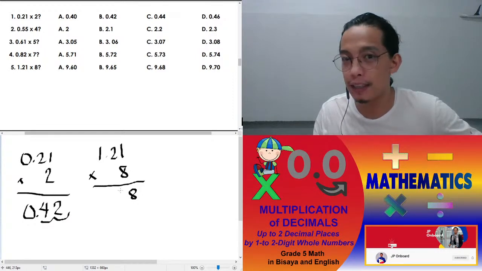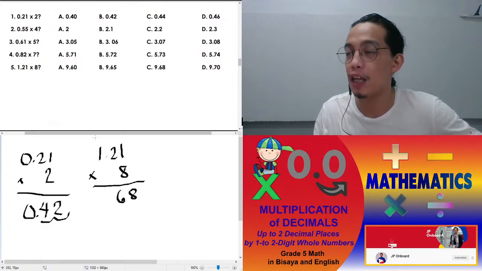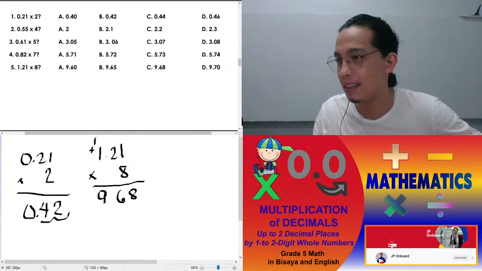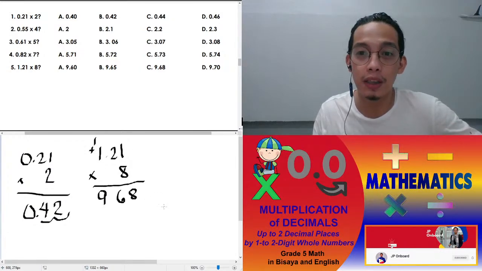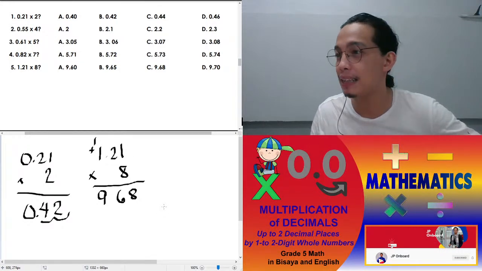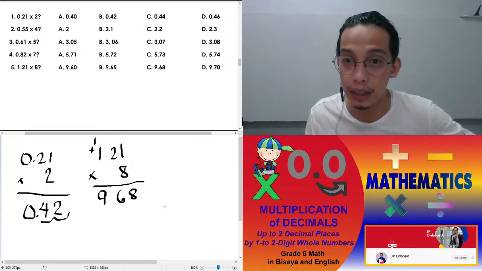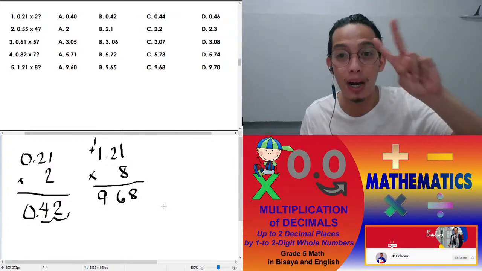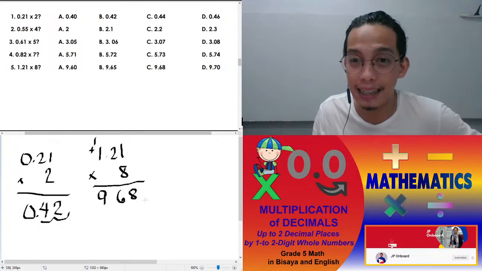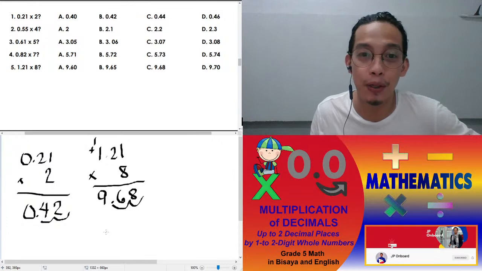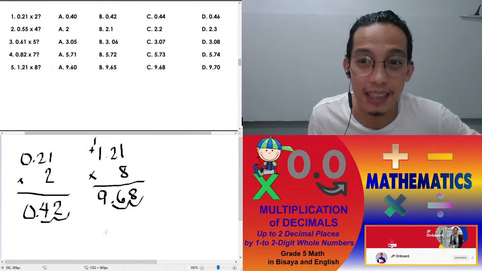We put the first digit here, 6, and we carry the 1 above. 8 times 1 is 8 plus 1 on top we have 9. And then we will now apply the decimal place. In 1.21, we have 2 decimal places. In 8, we don't have a decimal place. So we only have 2. So we apply here, 1, 2. So the answer is 9.68, which is letter C.